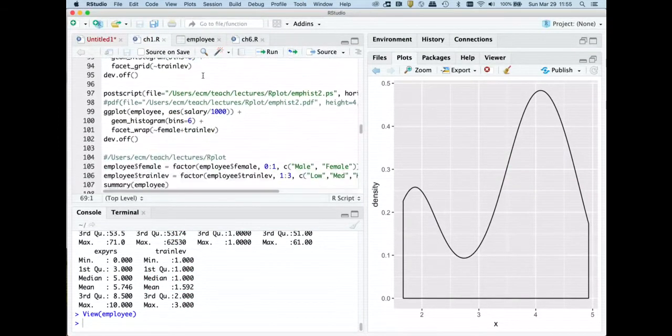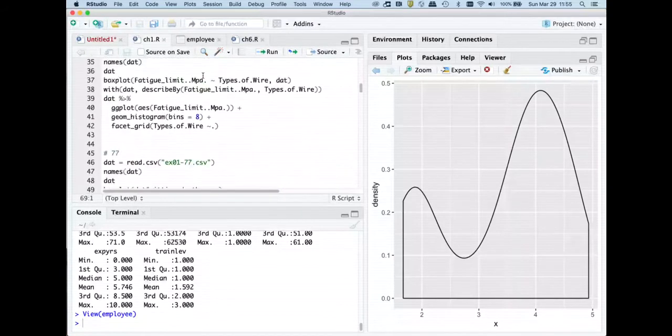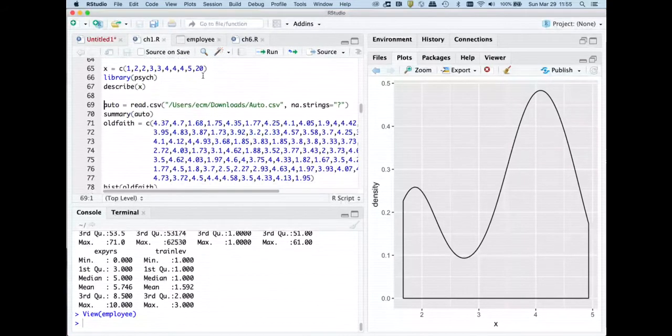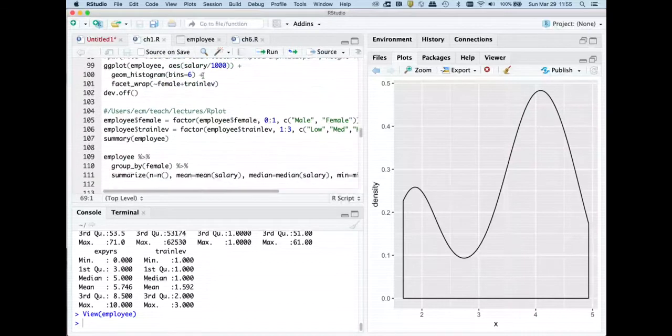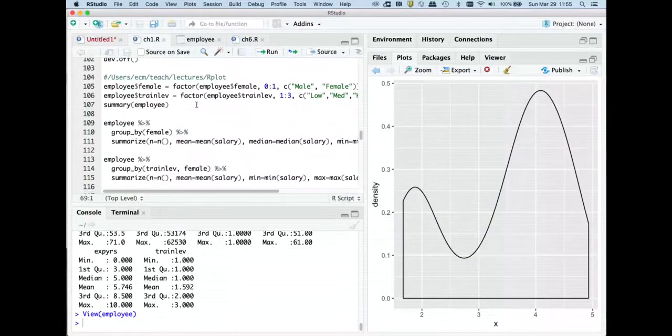I've got to go find the example here. Here it is. So what I'm going to do is take my employee data frame, and send it into a series of dplyr commands.